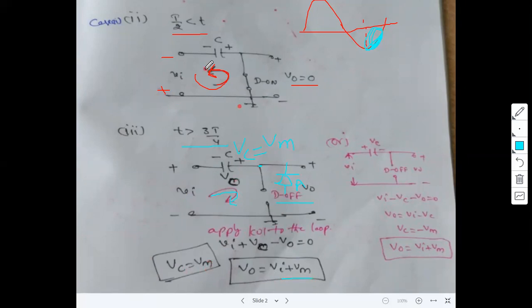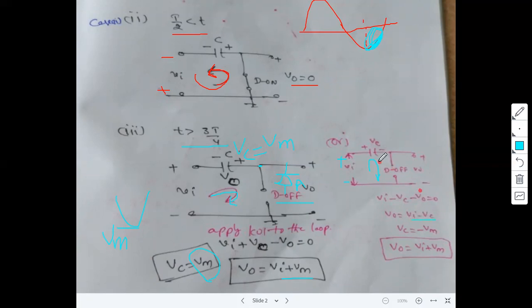During the first quarter cycle of the negative cycle, the capacitor is already charged to Vm, where Vm is the input peak value. Or some other way we may write it: if the polarities are plus and minus, apply KVL to this loop, and Vo is equal to Vi minus Vc.